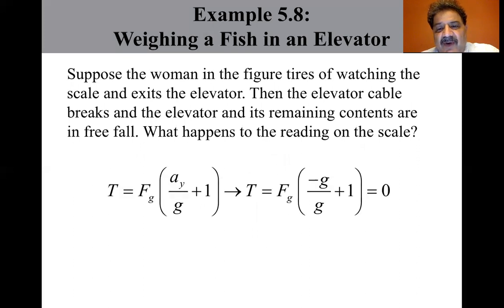And so if a_y is equal to minus g, we see that the scale reading, T, is 0 in this case. The fish appears to be weightless, which is what happens when you ride the long tower that drops you. I think it's Scream. You feel weightless because you're in free fall for just a moment.